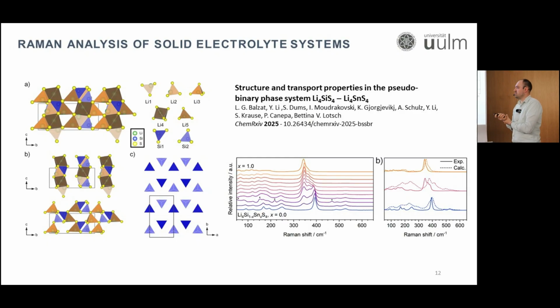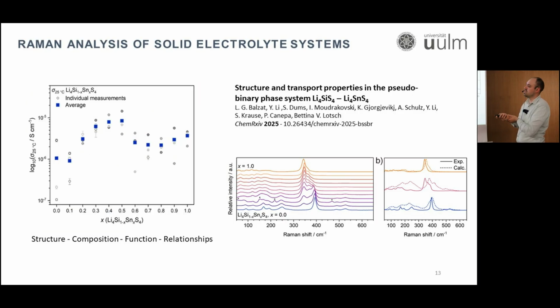So quite recently, we have utilized these systems to also look into ion conductors of solid electrolyte systems. This is in collaboration with Bettina Lotsch from the Max Planck Institute in Stuttgart, where my research group is partly located still. And we looked at lithium ionic conductors based on a series of solid solutions in which we vary the ratio between silicon and tin.